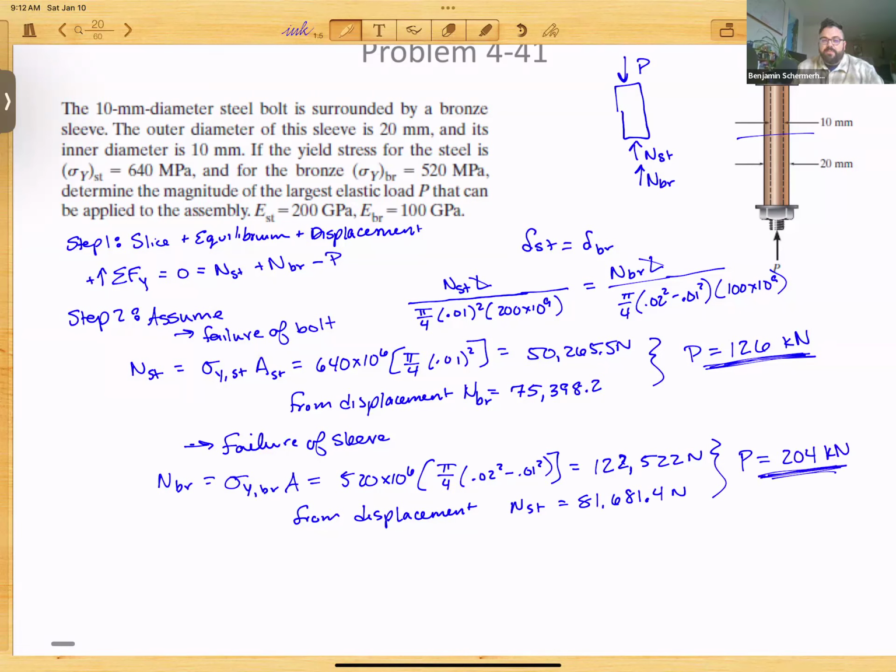So this is our second option for P. This is what causes the steel to fail. The top one causes the bolt to fail. And this would cause the sleeve to fail.